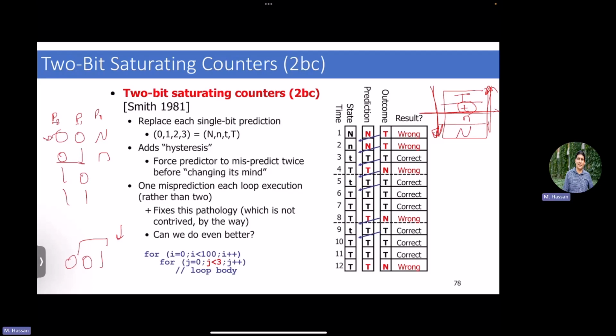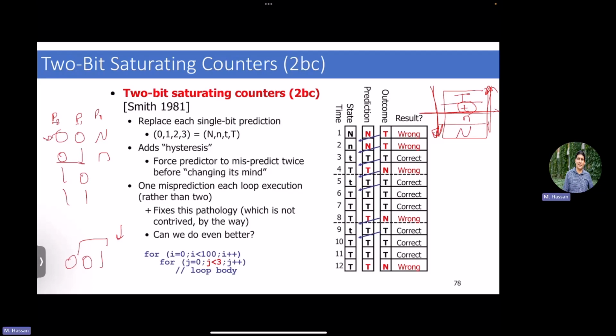And now you are taken, so you are wrong. So you are wrong twice. Good. Now, if I'm wrong twice, I move from small n to small t because you keep moving in that direction right now. You were here, you were wrong once, you come here, and then you're wrong twice, you come here. Good.